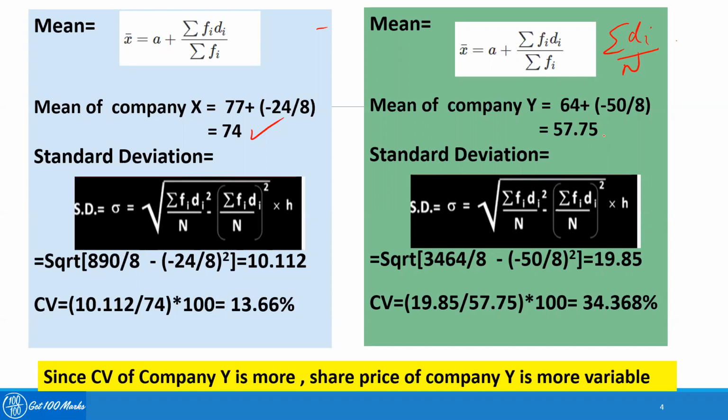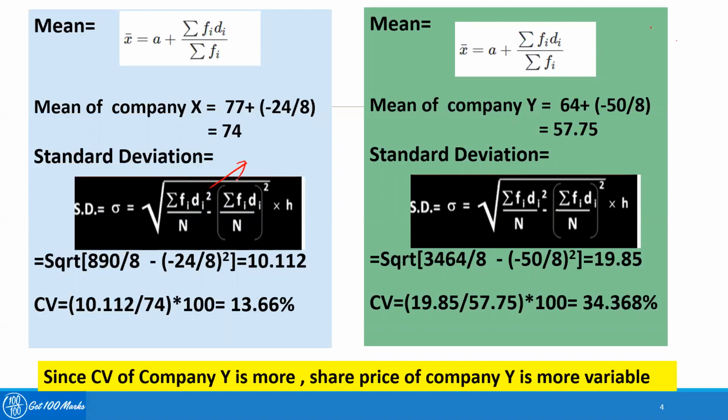So this is the first step of calculating the actual mean from the step deviation method, or the assumed mean method. Let's now do the standard deviation. The standard deviation formula we discussed in my earlier video is the square root of summation Fi di square by n minus summation Fi di by n whole square, into h.